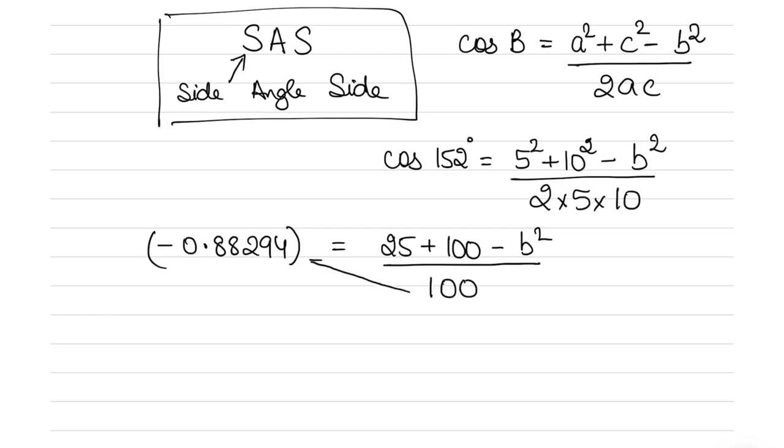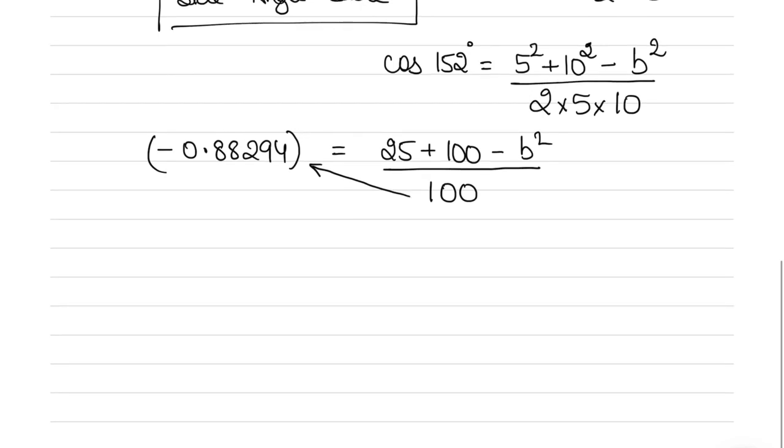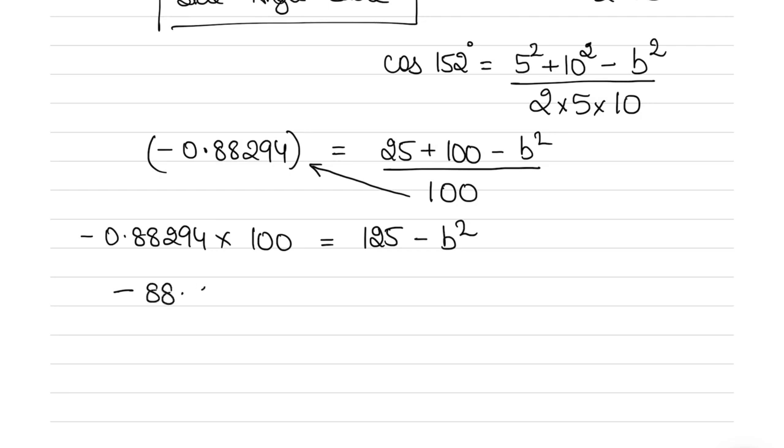Now I take this to the other side. This is transposition. So when I take this to the other side, I multiply it. So negative 0.88294 multiplied by 100, and this 25 plus 100 is 125 minus B square. So this multiplied by 100 gives me negative 88.294, which is equal to 125 minus B square.